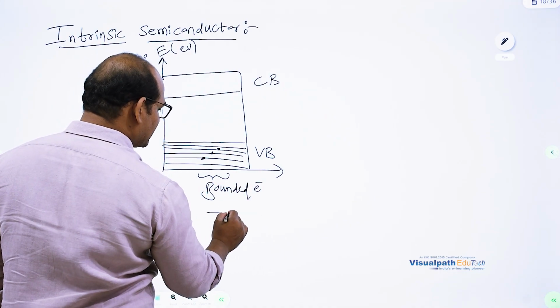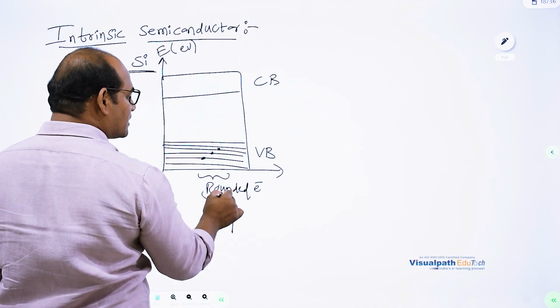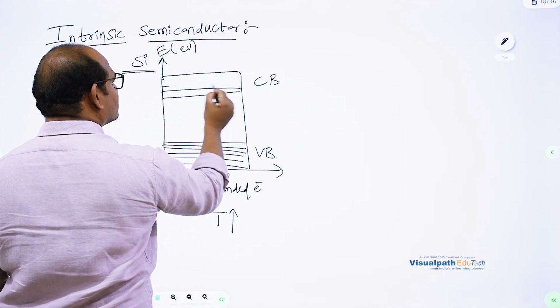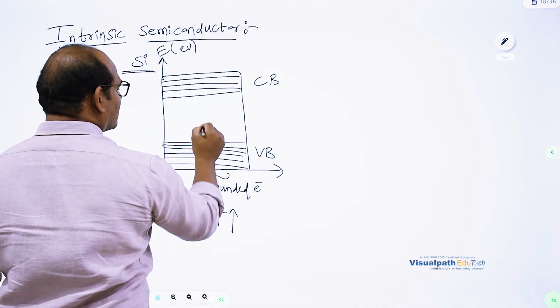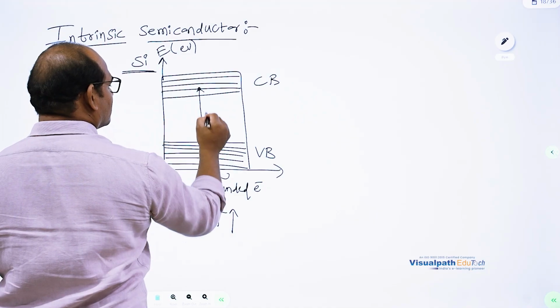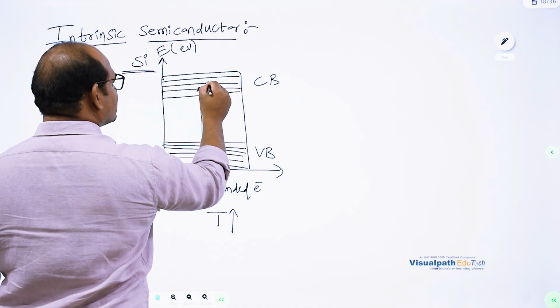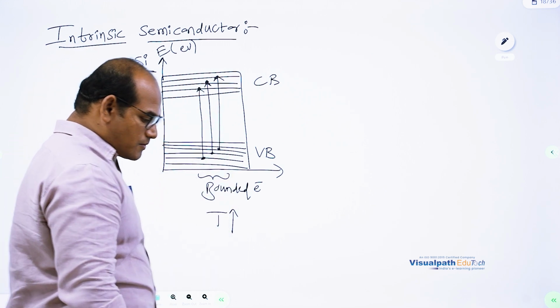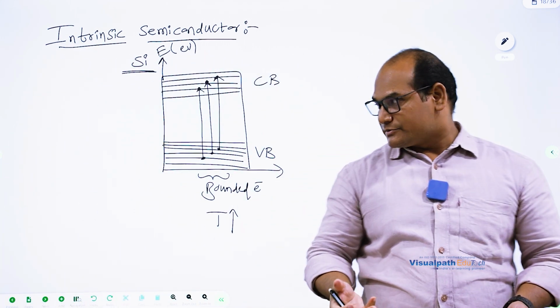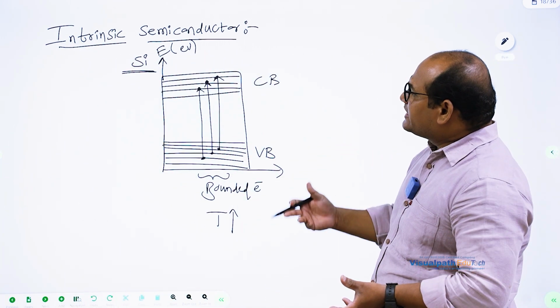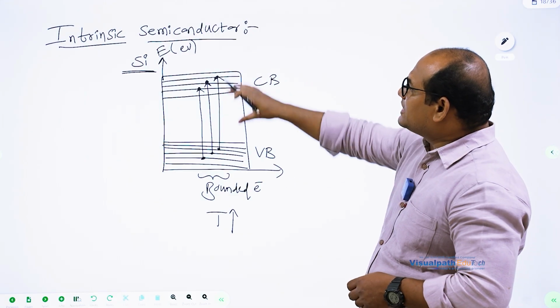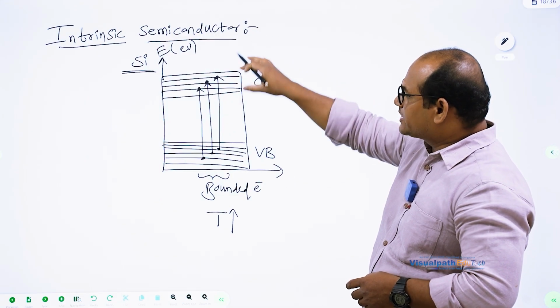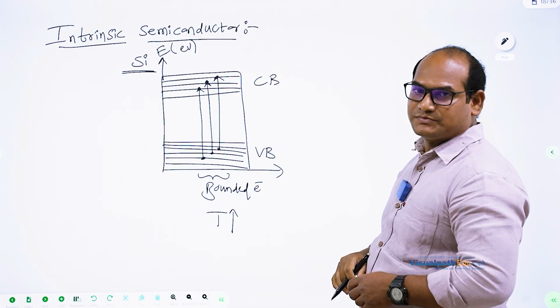But when you apply the temperature, these bonded electrons will go to the conduction band. This is what is happening because of the increment in the temperature. So, can you tell in number, what is the relation between the number of free electrons generated here with respect to the number of holes created here?